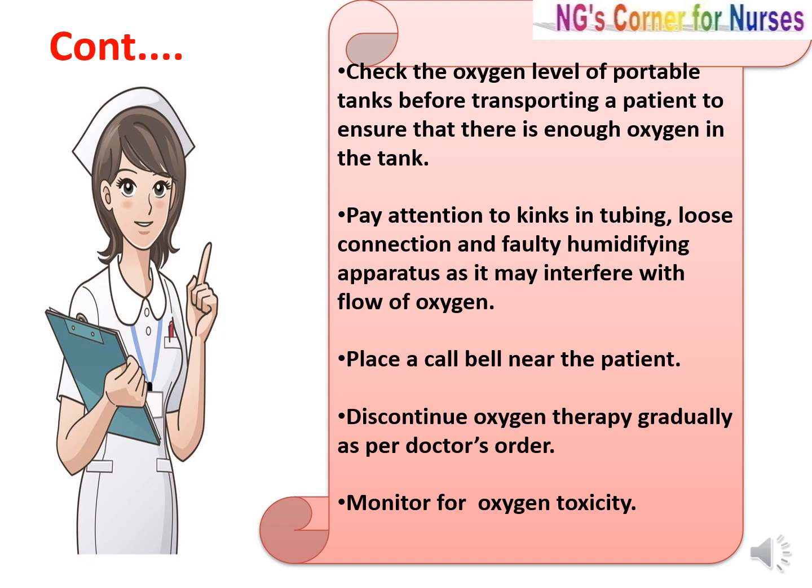And pay attention to kinks in tubing, loose connections and faulty humidifying apparatus, as they may interfere with the flow of oxygen. Place a call bell near the patient so that the patient can call you whenever needed, and discontinue oxygen therapy gradually as per the doctor's order and monitor for toxicity.